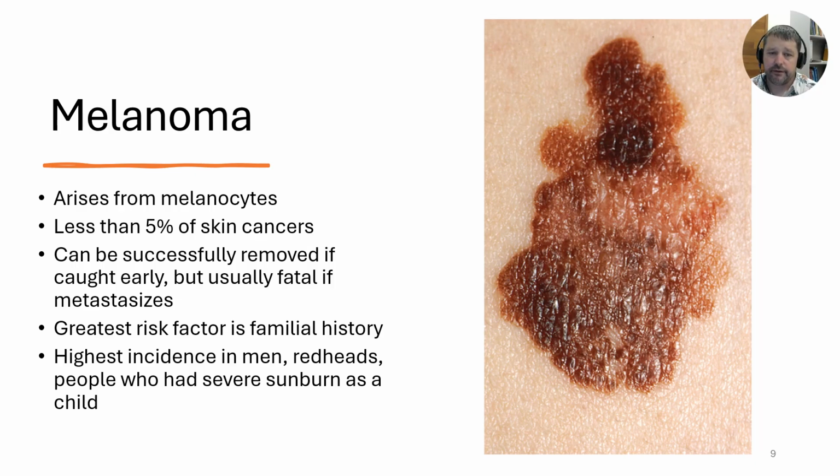A big risk is family history. This is why doctors will often ask you what your family history with cancer is, whether anybody has had melanoma or sarcoma or different cancers, because there is a greater risk from some of the mutations that occur.